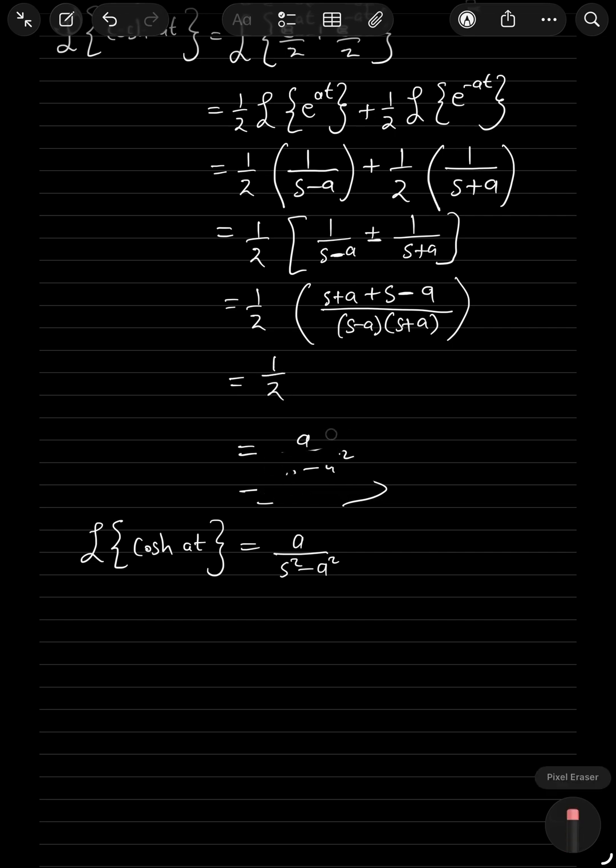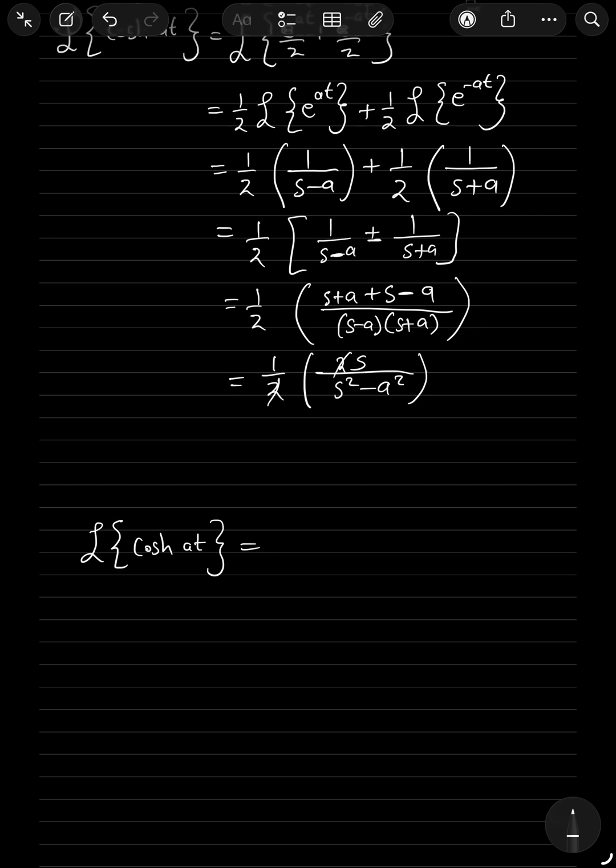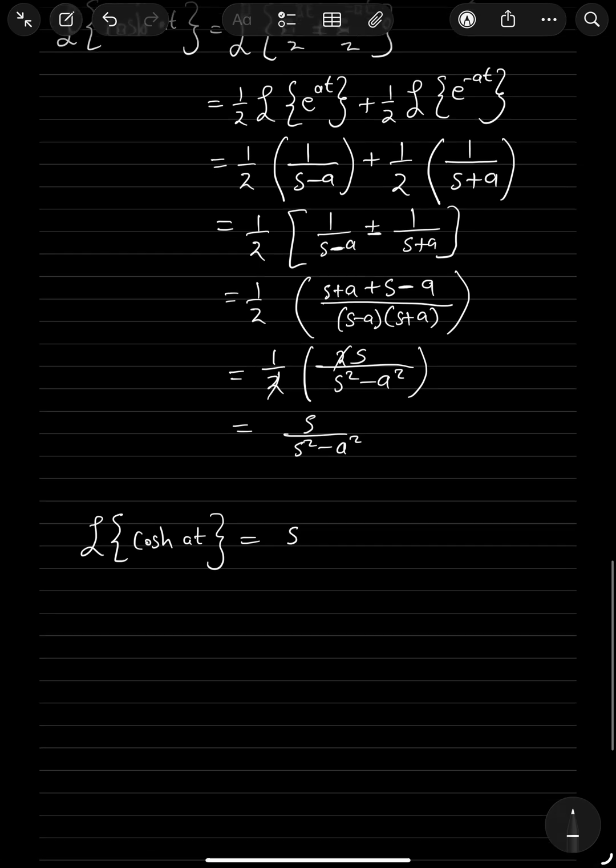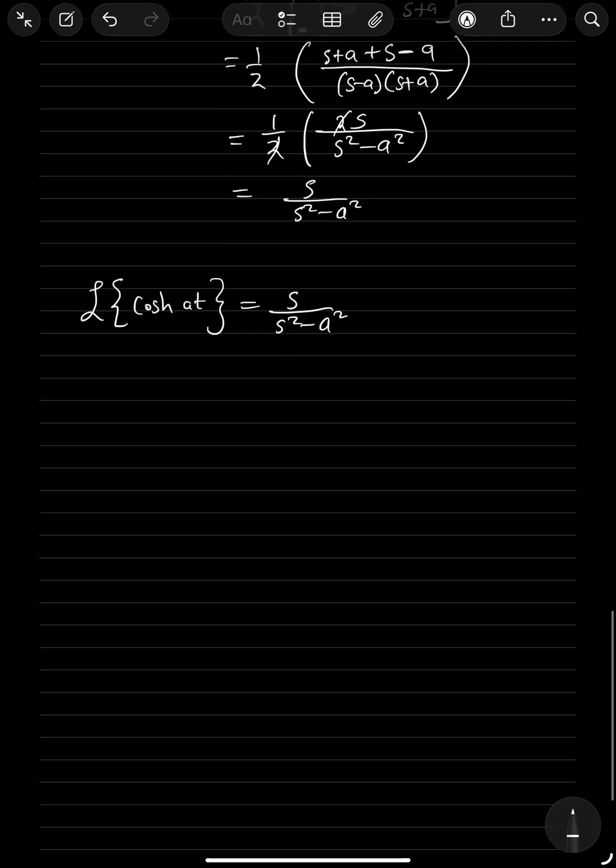Okay, let me just remove this. Okay, I'm sorry about that. So this is s, so this is going to be 2s, because a minus a is 0, over this difference of 2 squares like this. Okay, yeah, now it's perfect. And then this is equal to s over s squared minus a squared. So the Laplace transform of cosh is s over s squared minus a squared, isn't it?